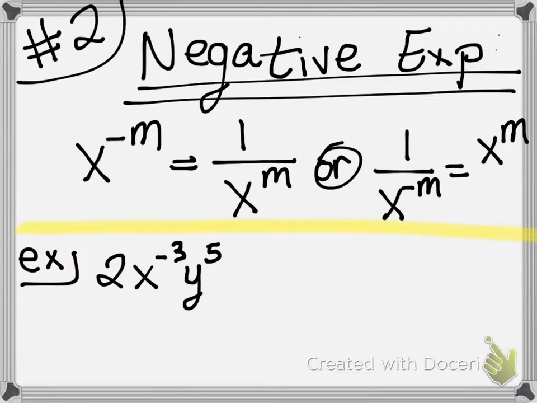We have a coefficient 2, the x, and the y. The only part that has a negative exponent is the x itself. 2 has a 1 exponent, and y has a positive. So, using this negative exponent rule, the only thing that moves to the other part of the fraction is the x. The others stay where they are.